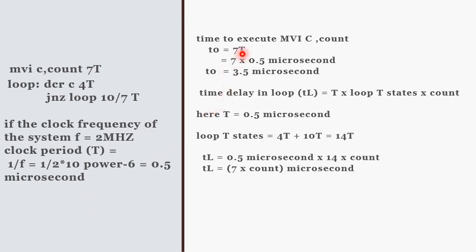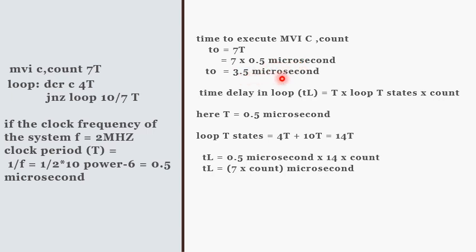Now let us find the time required to execute this move immediate C. It takes 7 T states to complete this instruction. So 7 into 0.5 microseconds, for our chosen example T is 0.5, so T naught is equal to 3.5 microseconds.